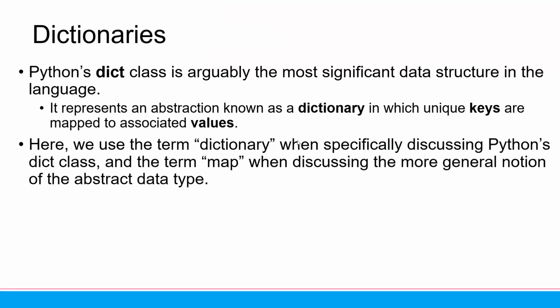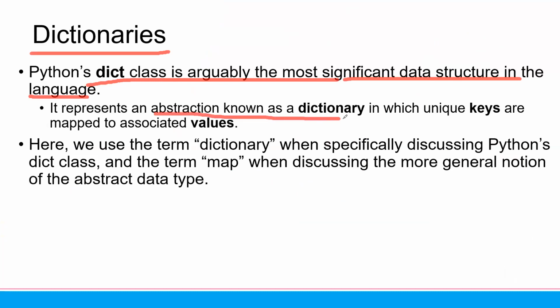In Python, we have dictionaries. The dict class is arguably the most significant data structure in the language. If you can apply the dictionary in your team project problem, that will be very powerful. It represents an abstraction known as a dictionary, in which unique keys are mapped to associated values.